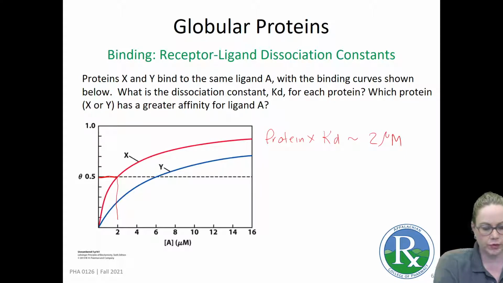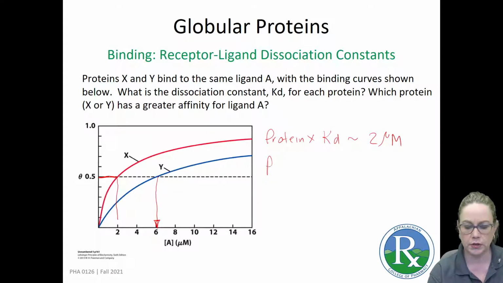All right, we'll do the same thing for Y. Since the dashed line is already there for us, we're going to drop that down to the x-axis. So for protein Y, our KD value is approximately 6 micromolar.